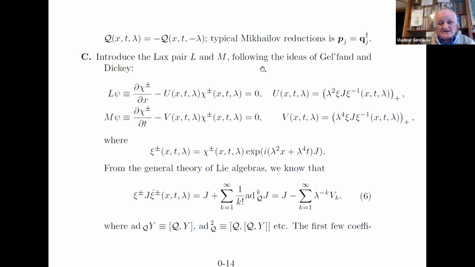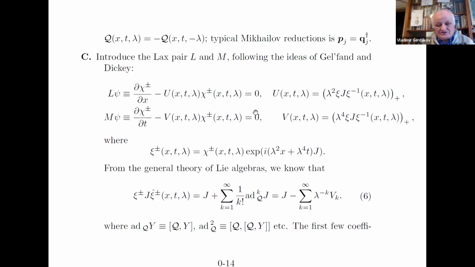To this end, we use the ideas of Gelfand and Dickey. Many years ago, on some occasion, they stated that the following parametrization of the Lax pair could be very useful and convenient. I will not explain in detail their ideas and what they did, but I will just formulate the result for our situation.